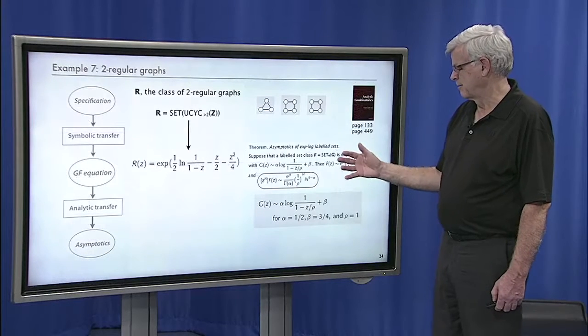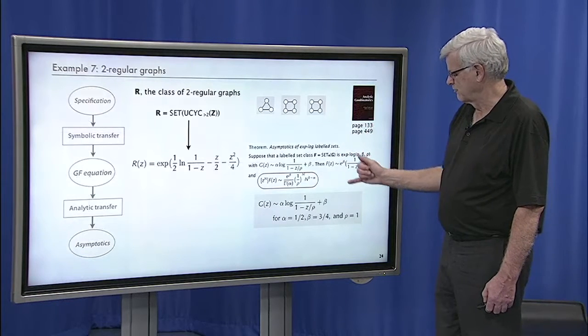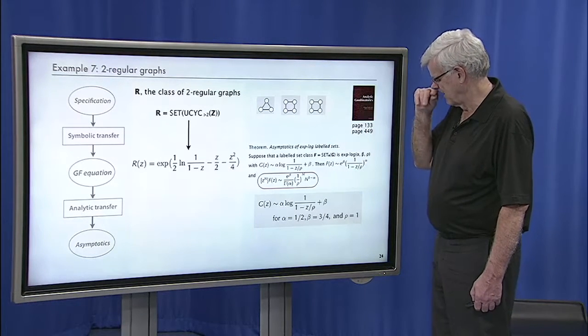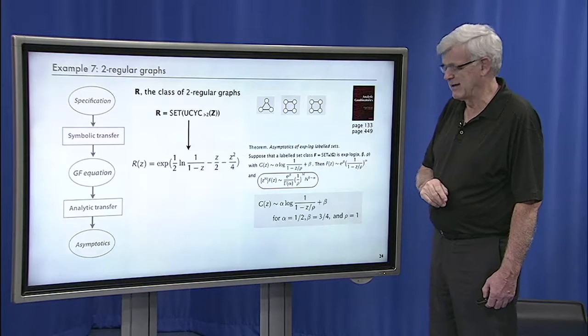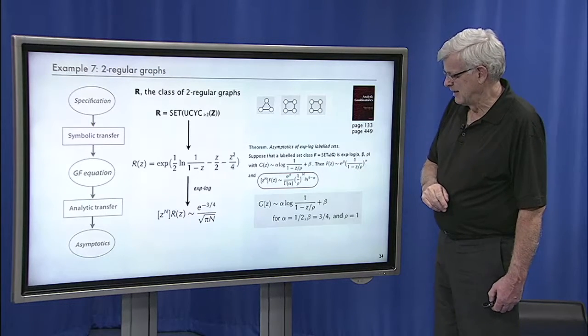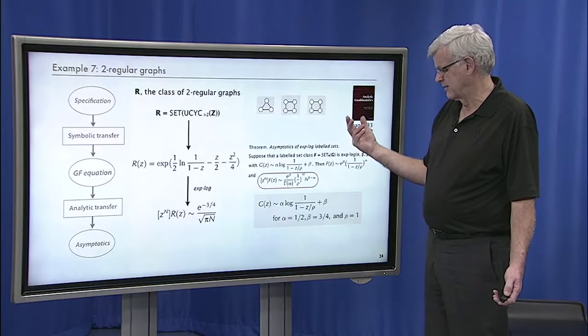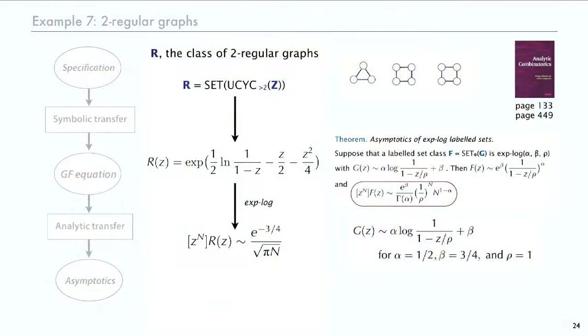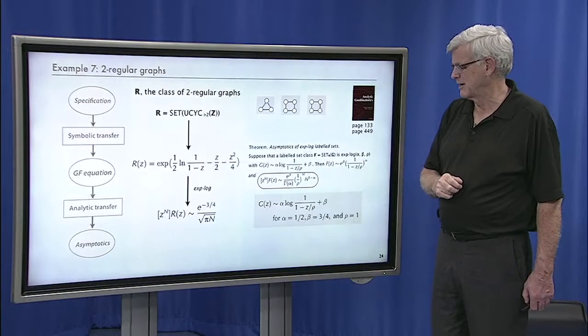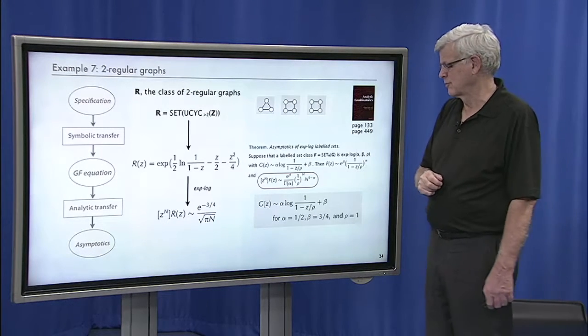Immediately, now we can apply the theorem. Beta is 3/4, so we have e to the 3/4. Alpha equals 1/2, so we have gamma of 1/2. And that's it. So immediately, the X-log theorem translates from the generating function equation to the coefficient asymptotics, e to the minus 3/4 over square root of pi n.